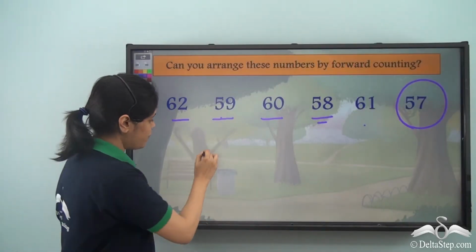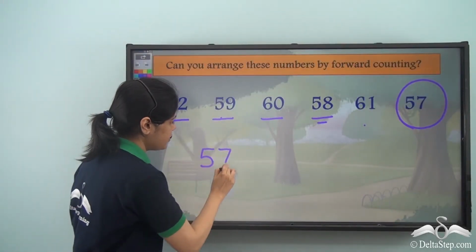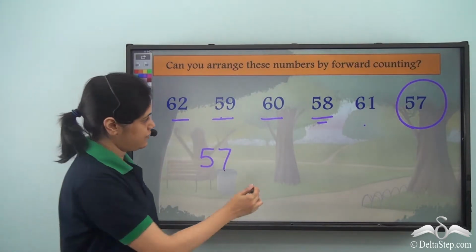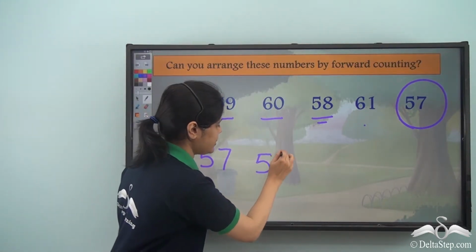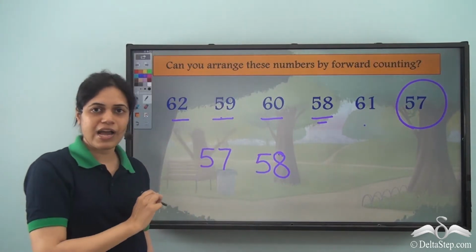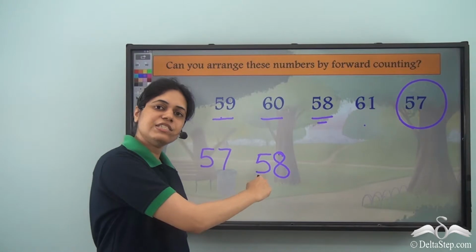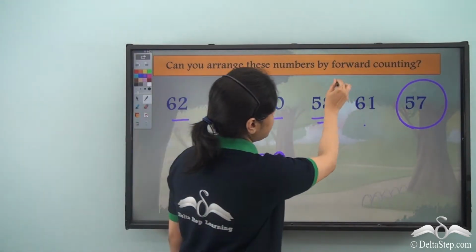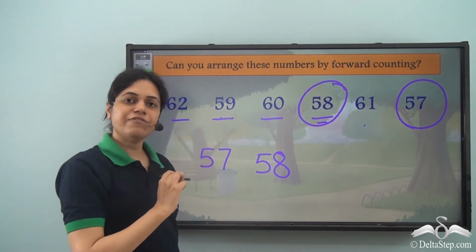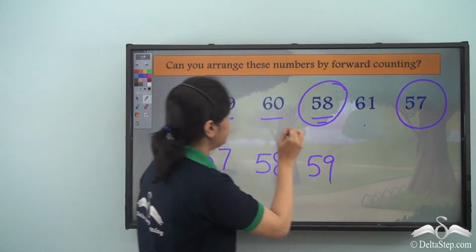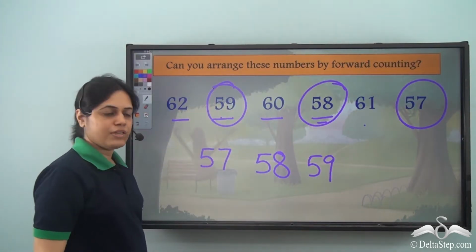So we start with 57. What comes after 57? We all know it is 58. After 58, it is 59.